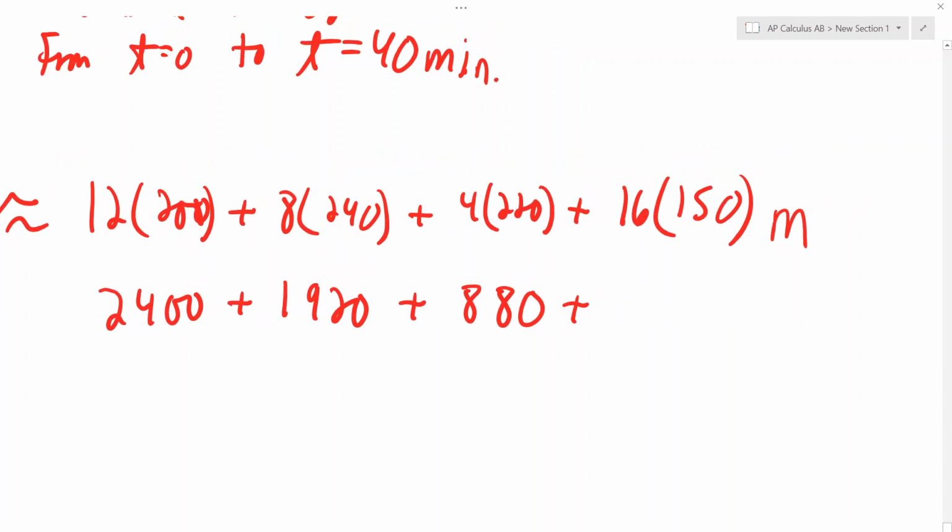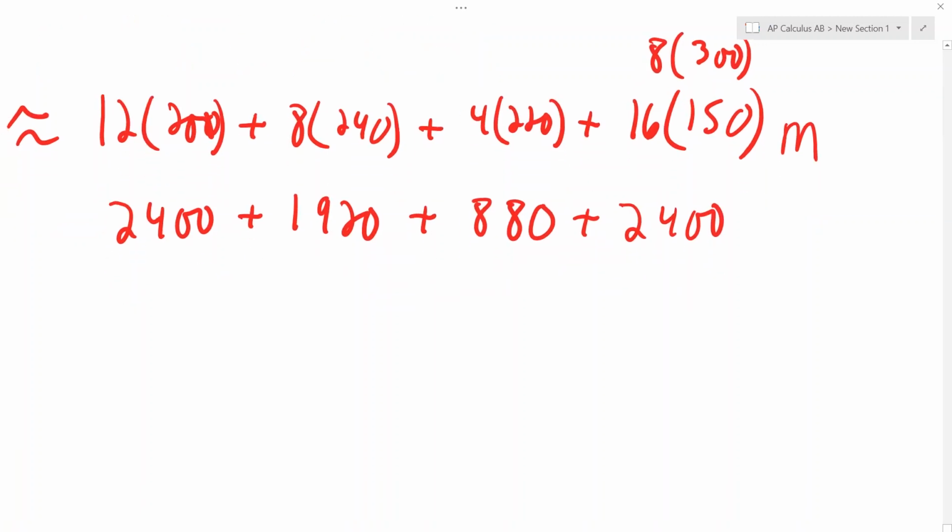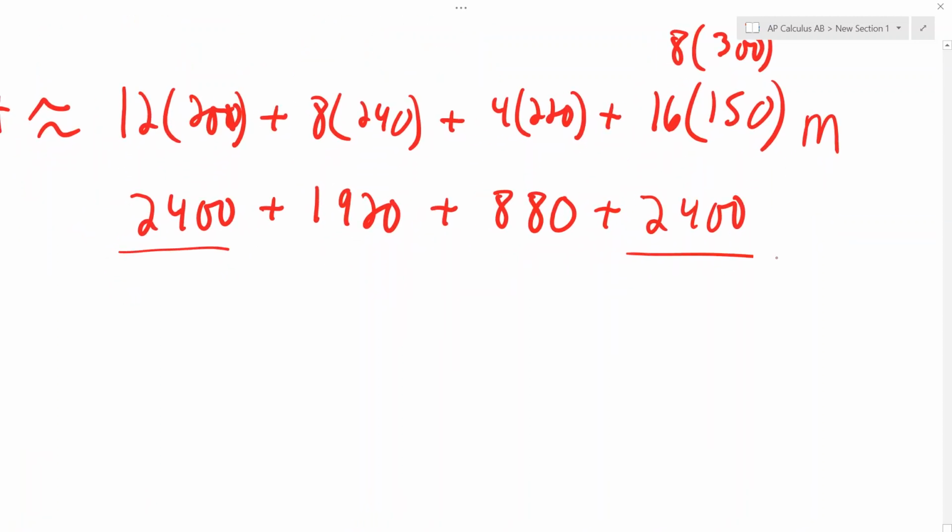An easier way to think about that, kids, is 8 times 300. Take a 2 away from the 1,600 to make it a nice even number. It's the same thing. 8 times 300 is 2,400. Ready? Look at this. These two make 4,800. How nice is that? With me here?